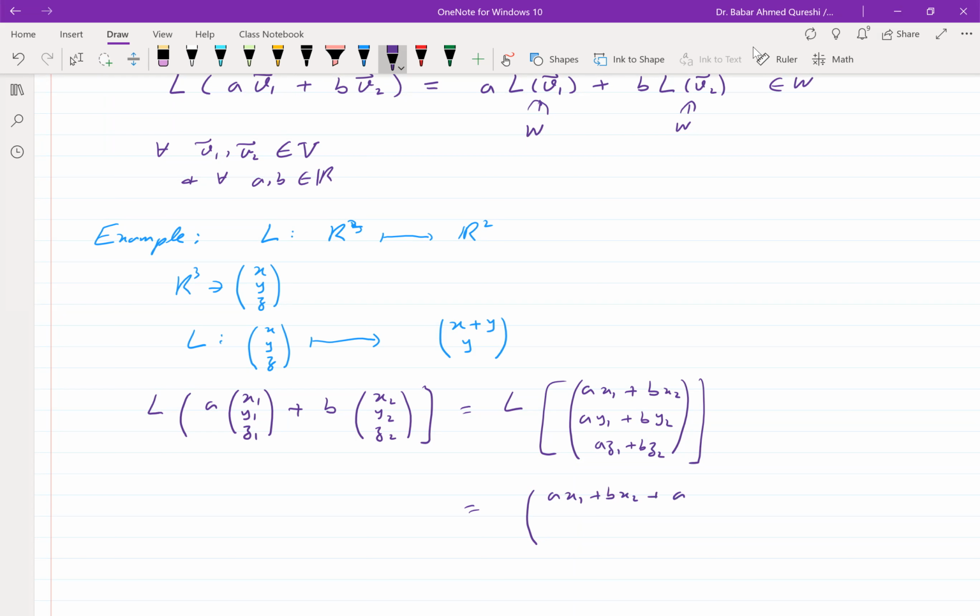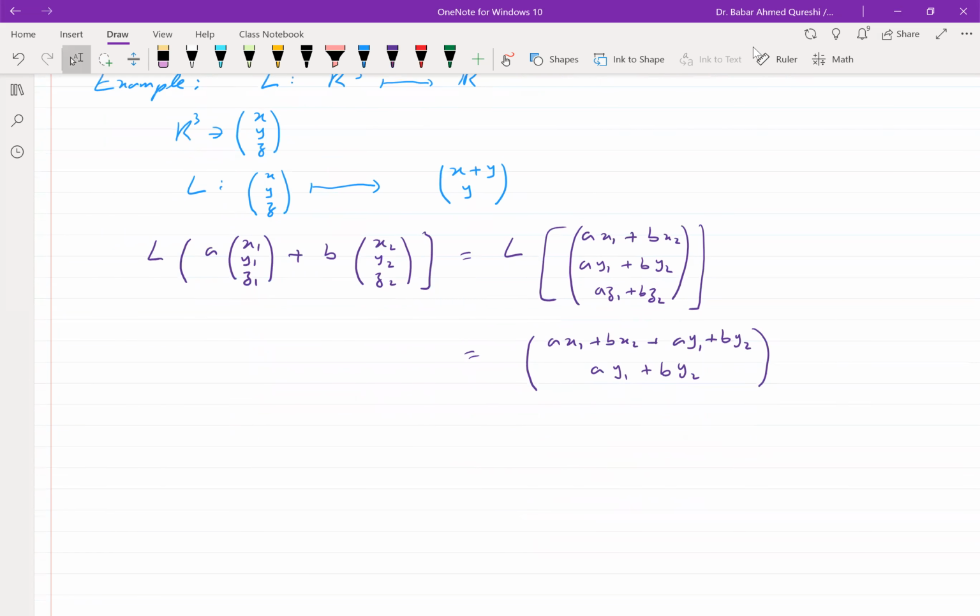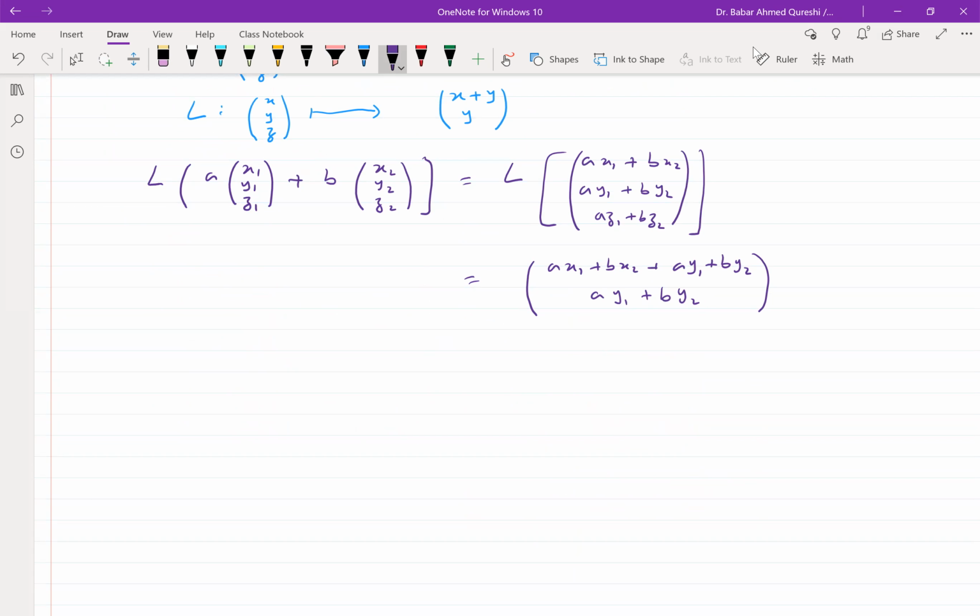The second component you just pick as the second component. And this is the vector you get in R2 according to the linear transformation I have made up.